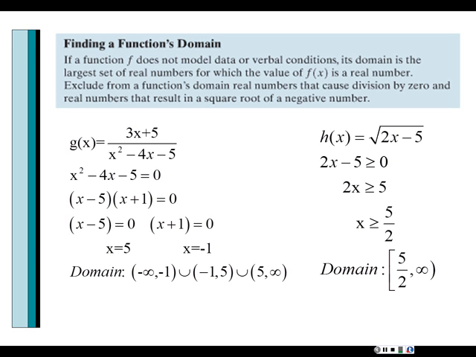So we always exclude that, and also the real numbers that result in a square root of a negative number, because any square root of a negative number is a type of number called a complex number. I'm not sure, have you ever heard the name complex number? The complex number is something which does not belong in the real number set. Okay.